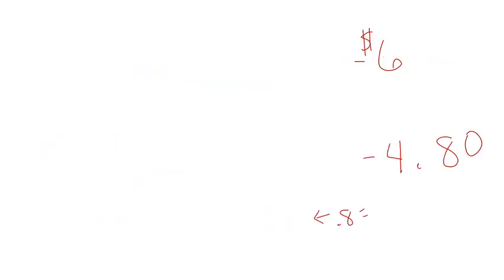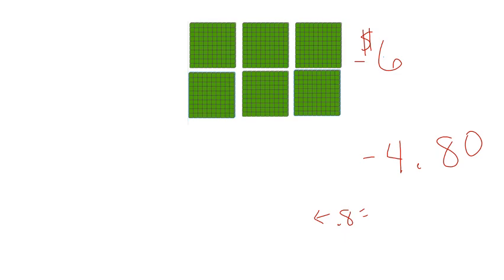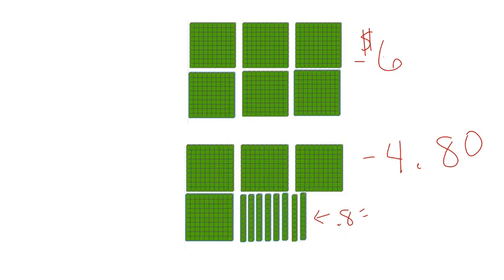Okay, let's take a look at this next situation. In this next situation, we're going to use place value blocks to make a quick drawing. I've got my $6 right here, and I've got my $4.80 here. As you can see right here, the tenths blocks, if I split them apart, would be the same as 80 hundredths.